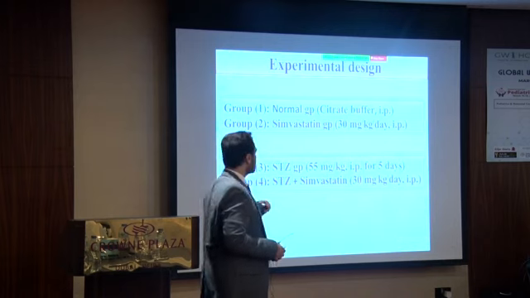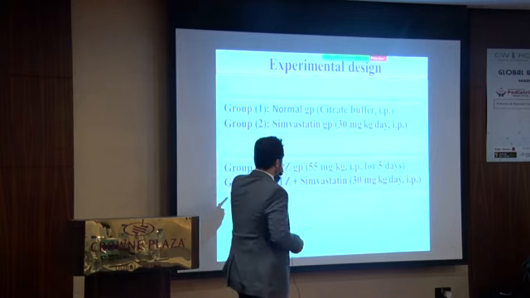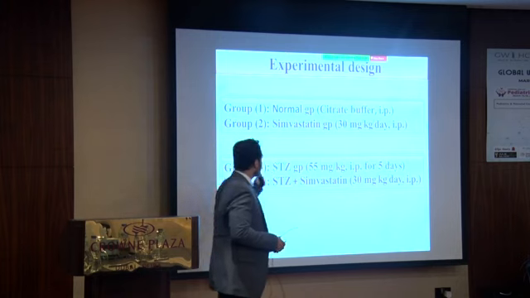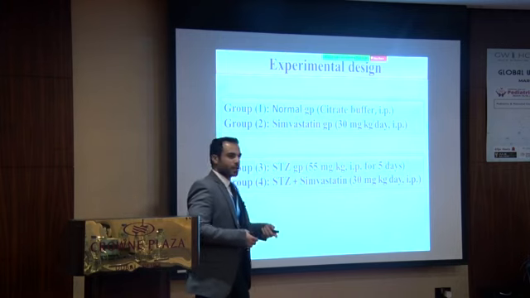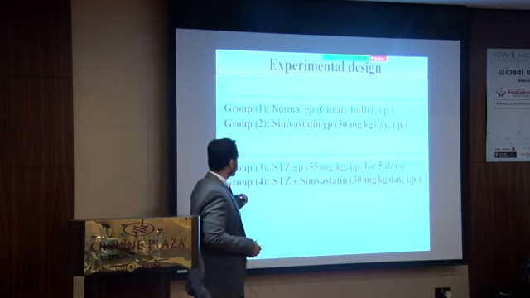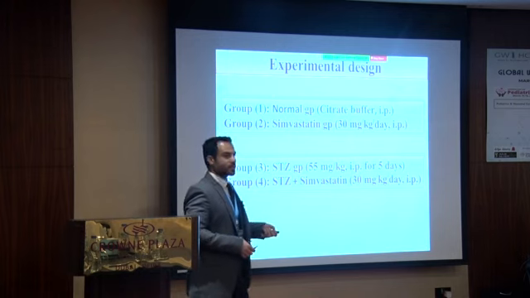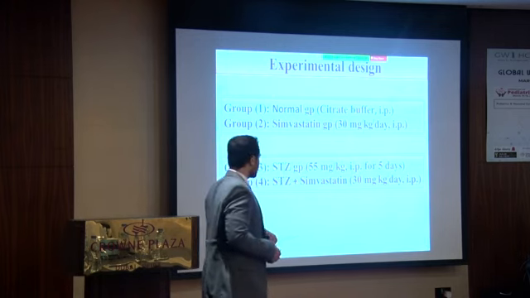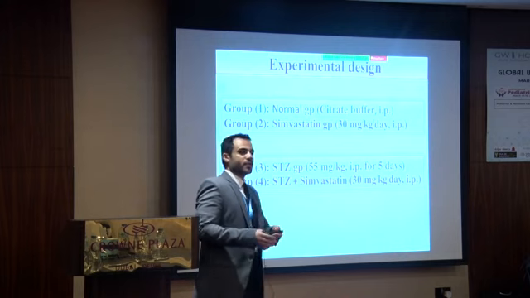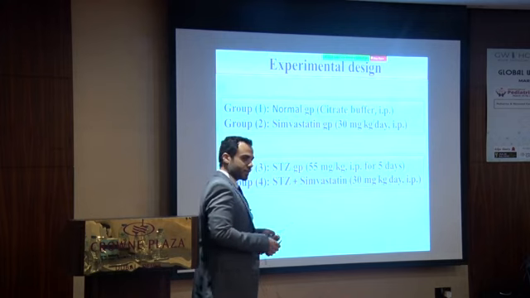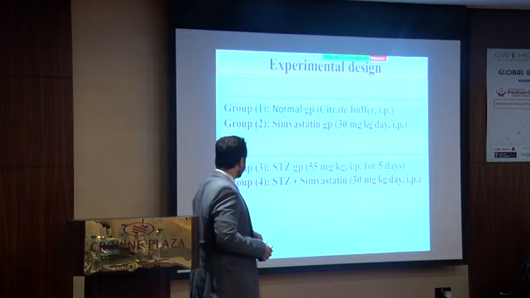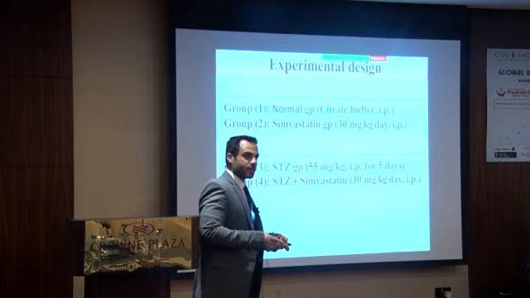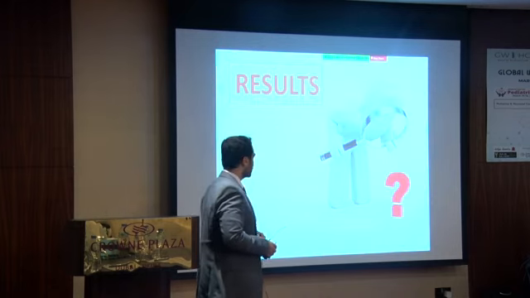The first group was normal, taking just the vehicle buffer, and the second received simvastatin just to check its safety. The third group was given STZ, streptozotocin, at 55 milligrams per kilogram intraperitoneally for 5 consecutive days, and this is the model. Group 4 was a combination of STZ and simvastatin to see the effect.